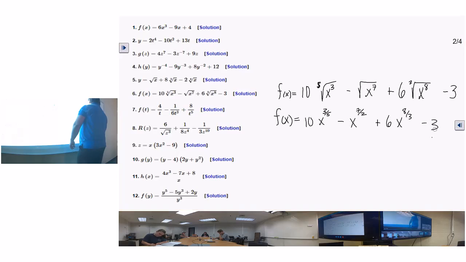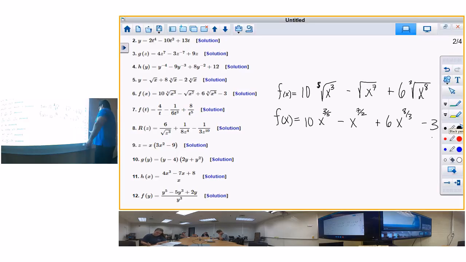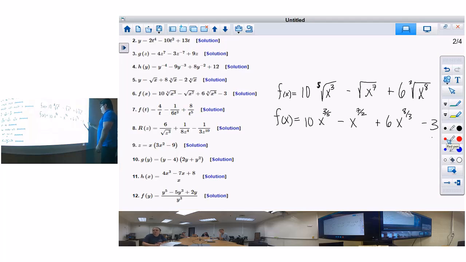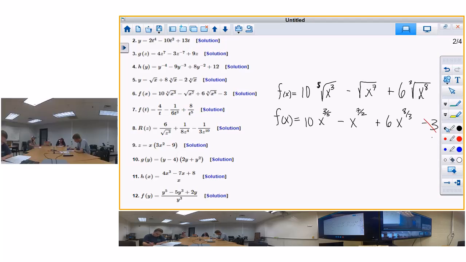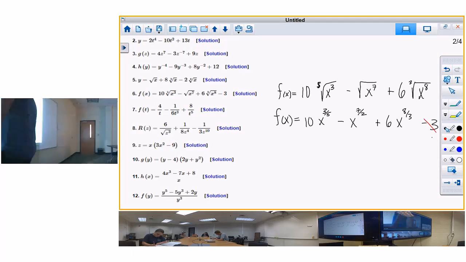Minus 3. Okay, I'm going to be gracious to y'all. I'm going to do the 3 for you. There you go. So let's do f prime of x.